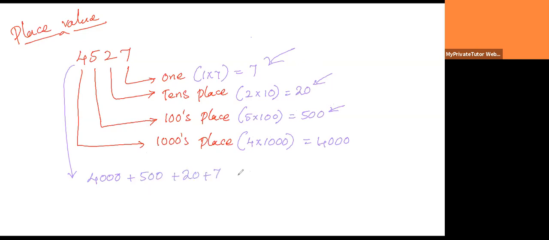If you add all these numbers, you'll get the same thing, 4527. So the place value depends on the position of the place. If it is in the tens place, we multiply by 10. If it is in the hundreds place, we multiply by 100. Similarly, if it is in the 10,000s place, we multiply by 10,000.